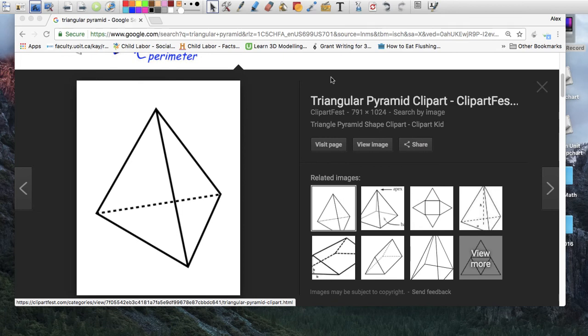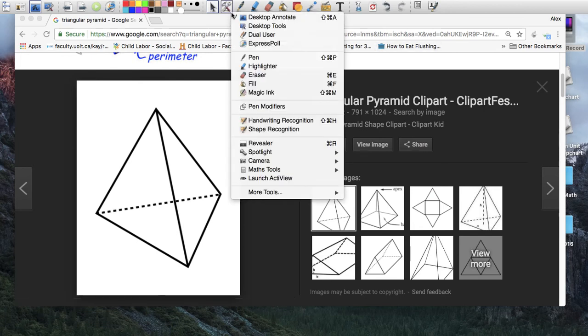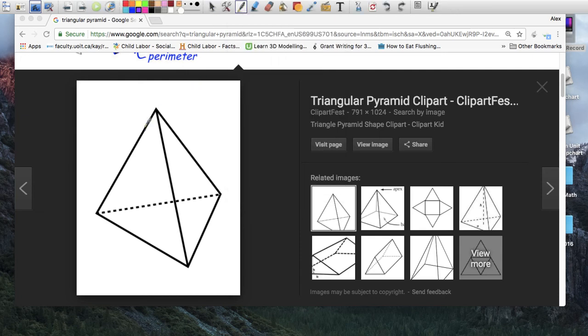So as far as edges, you can start with that: we have 1, 2, 3, 4, 5, and then the 6th, the dotted line. So it has 6 edges. Vertices, it has 1, 2, 3, 4 vertices. And the faces, you got the triangle at the bottom, so that's 1.